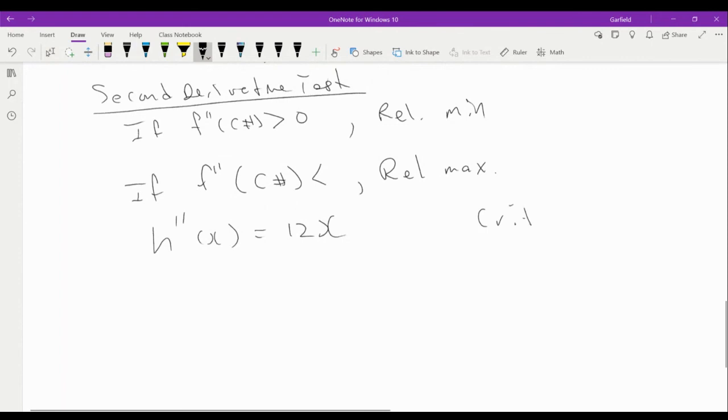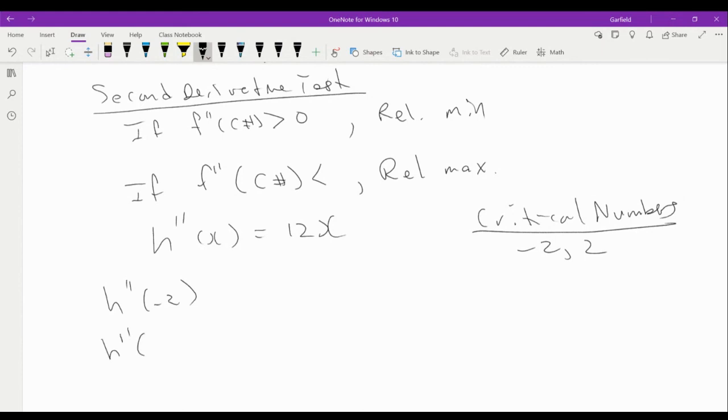Our critical numbers are once again negative 2 and 2. So we're going to plug these into the second derivative. So this would be 12 times negative 2, and this would be 12 times 2. So this is negative 24, and this is 24.